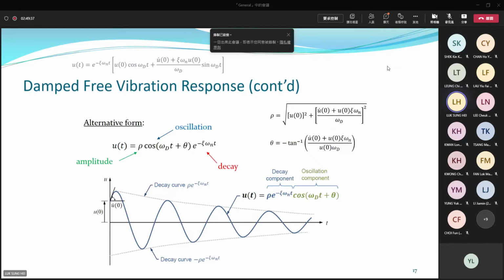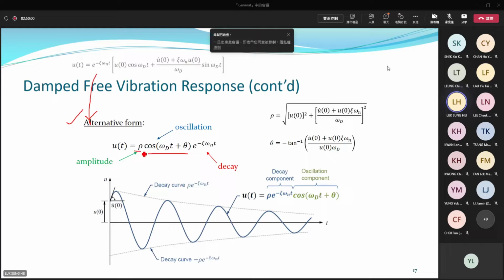And what about the graph? The graph will look in this way. You can change the solution to an alternative form. As we mentioned in the previous sections, you can combine sine and cosine into one single trigonometric function, cosine, to make it easier to understand graphically.